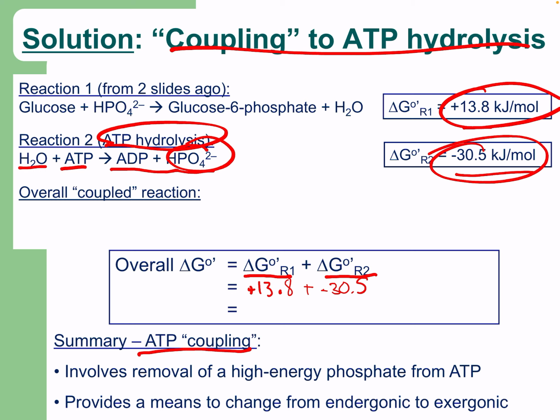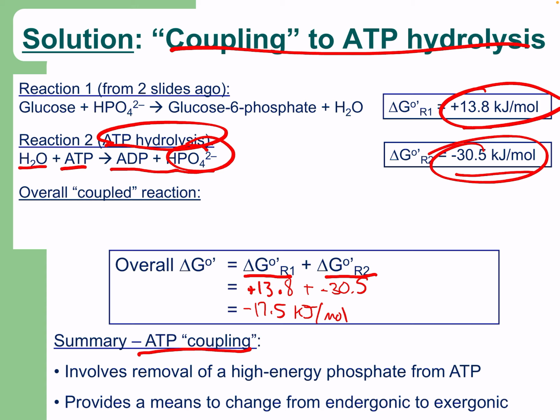Doing this on my phone, probably not the best choice. So here we get negative 17, sorry for being so slow, again kilojoules per mole.